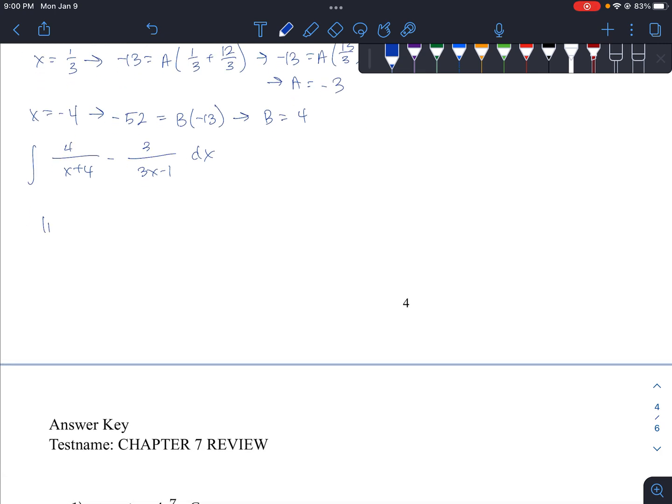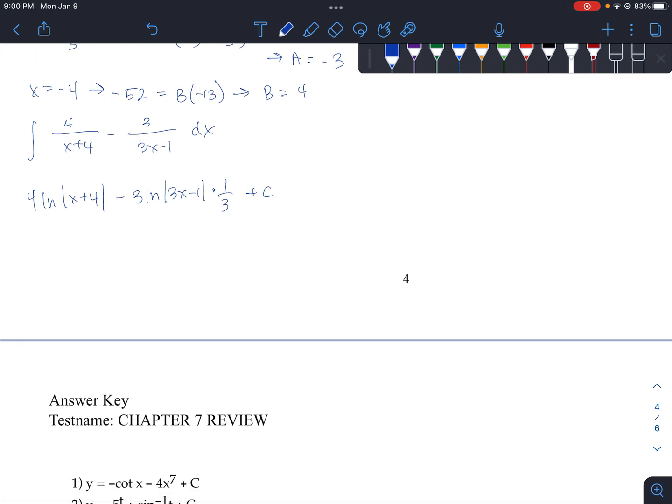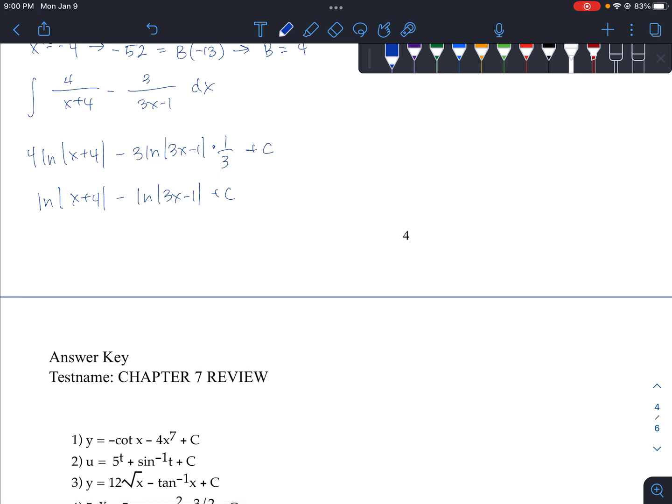So this will give me 4 natural log of x plus 4 minus 3 natural log of 3x minus 1, but I'd also have to divide by 3 because of the constant there. So those would cancel right there, so don't forget the plus c. So I'd have 4 natural log of x plus 4 minus natural log of 3x minus 1 plus c. That would be an acceptable answer.